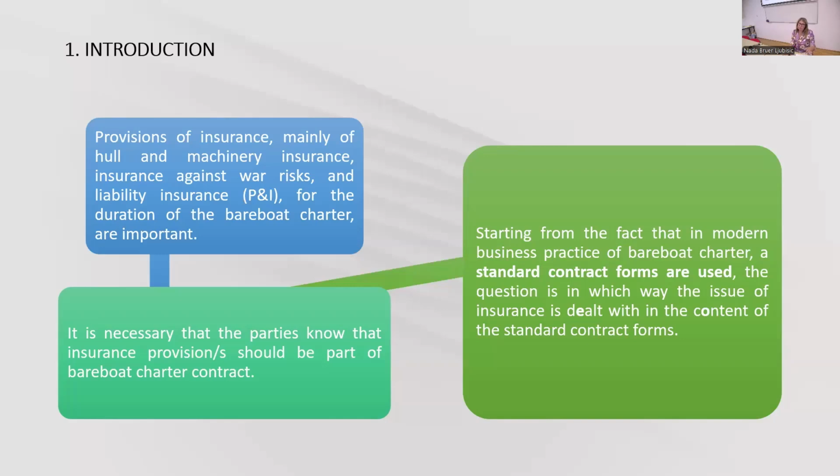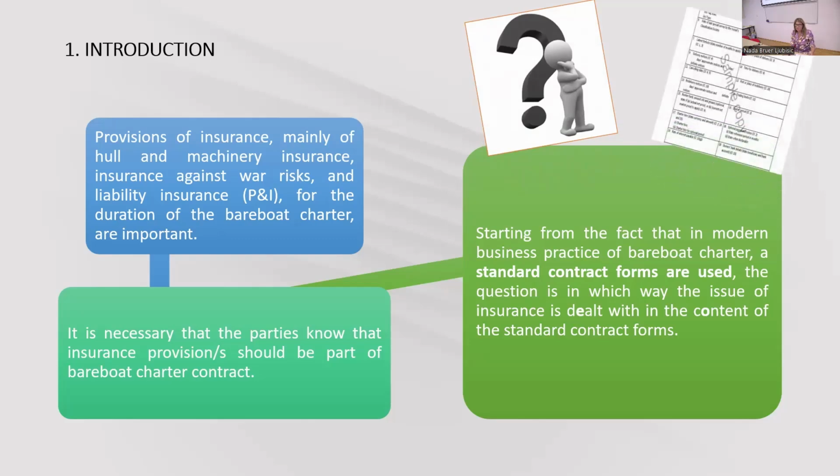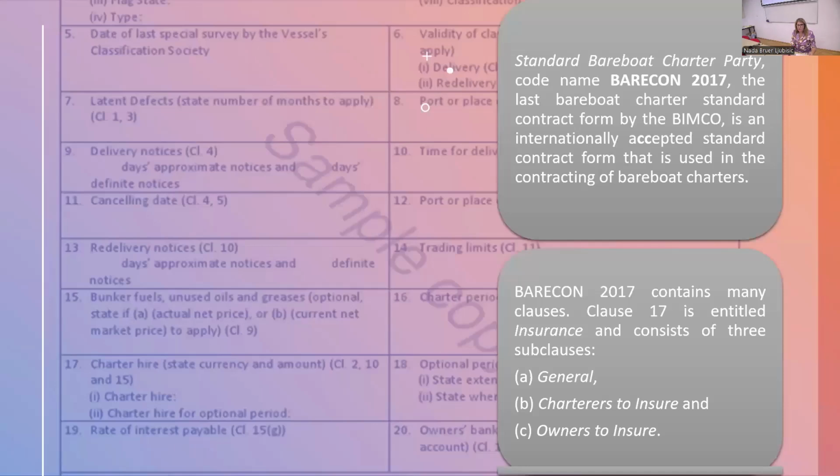Starting from the fact that in modern business practice of shipping contracts, as well as in the business practice of bareboat charter, standard contract forms are used, the question is in which way this issue of insurance is dealt with in the content of standard contract forms.